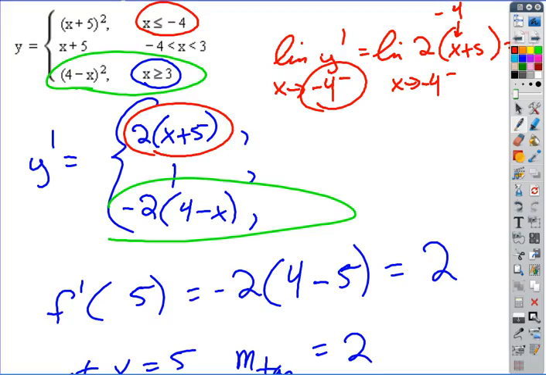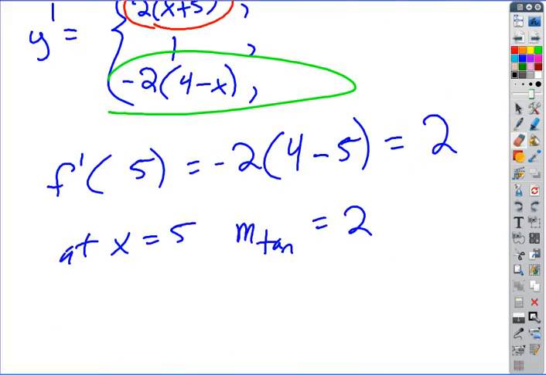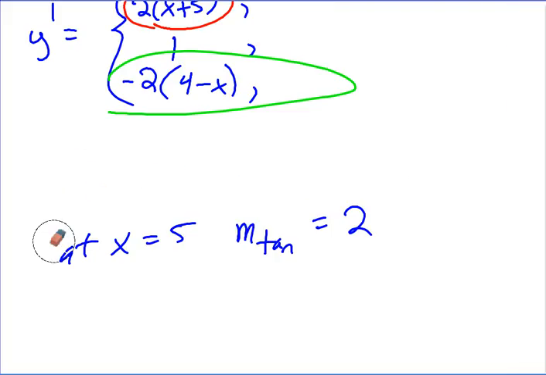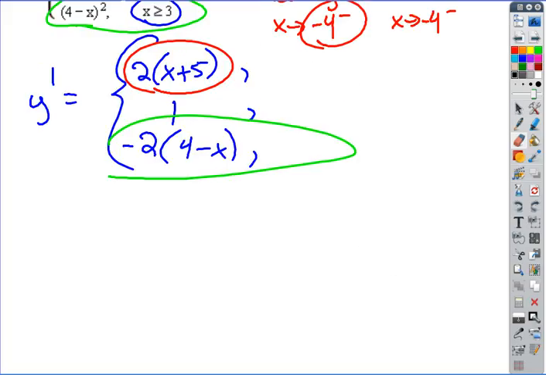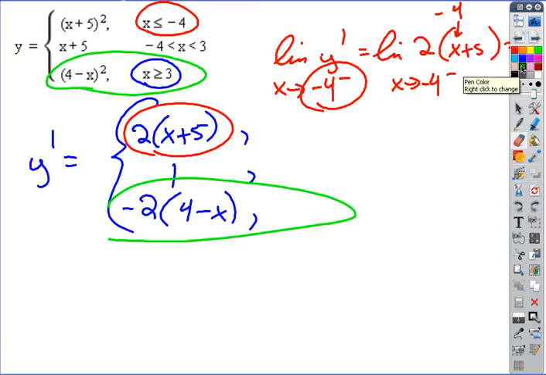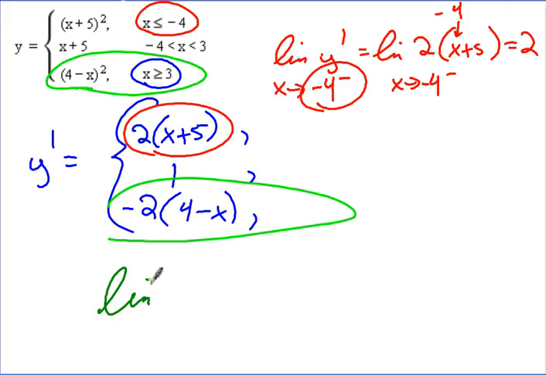Now, what if he approaches from the right? Let me get rid of all this stuff down here. Now let's look from the right. The limit of y prime as x approaches -4 from the right.